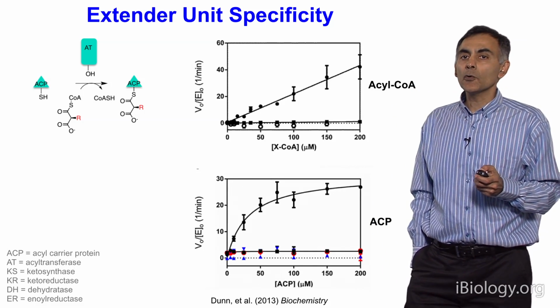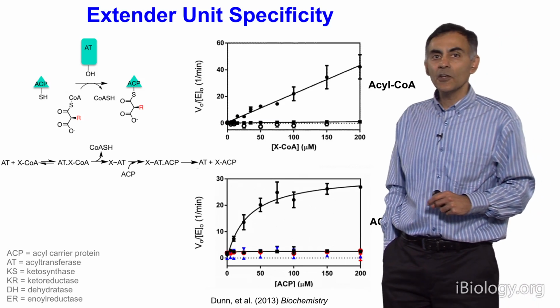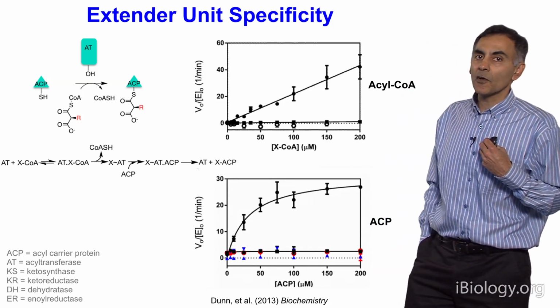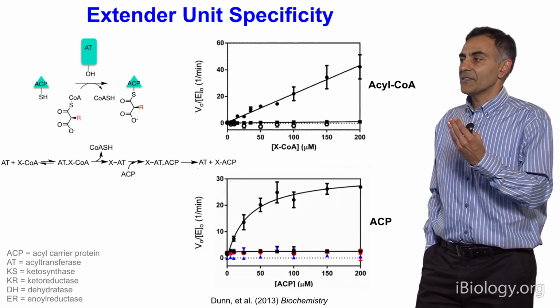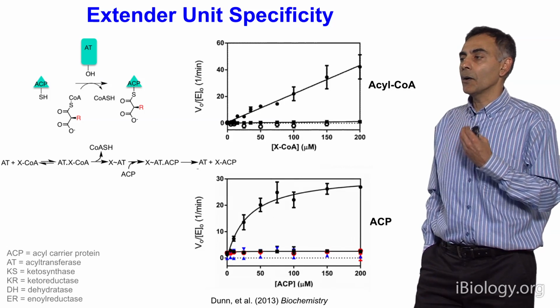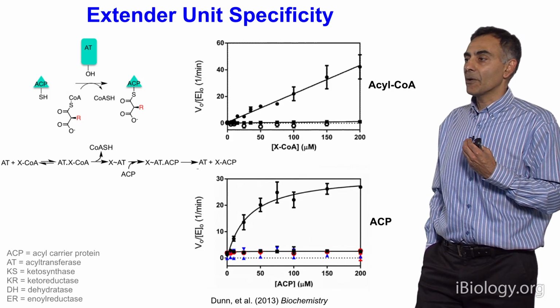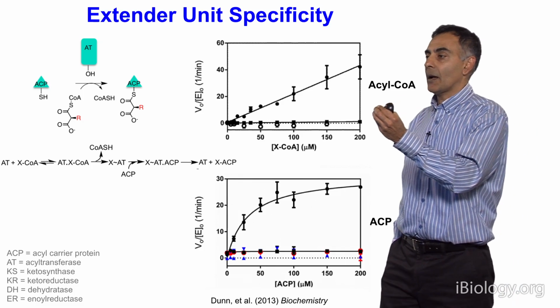Now, those of you who are familiar with enzyme kinetics know that from data like this, you can derive mechanisms of how these enzymes work. In this case, this acyltransferase has a ping-pong bi-bi type of mechanism. The coenzyme A precursor first comes in.